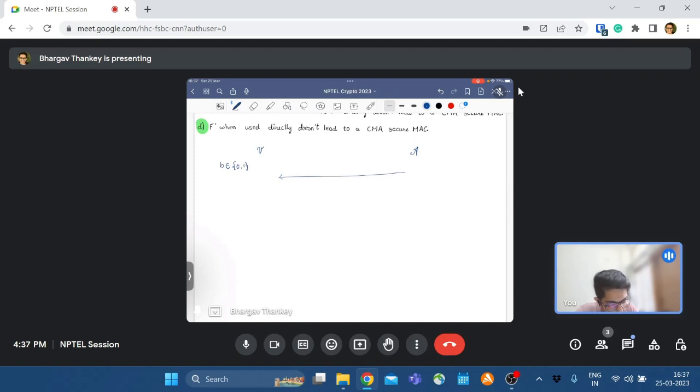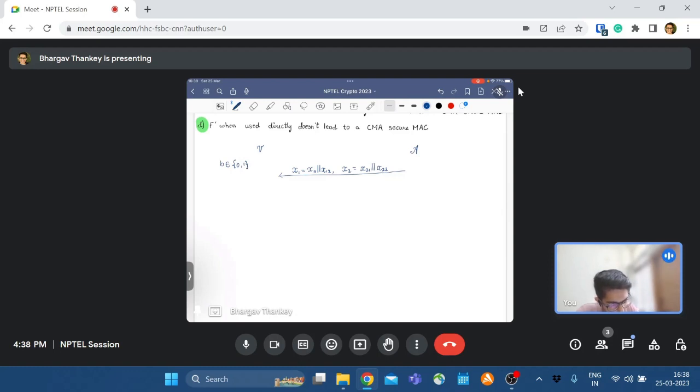The adversary sends two messages. So the adversary queries the function at two points, x1 and x2.